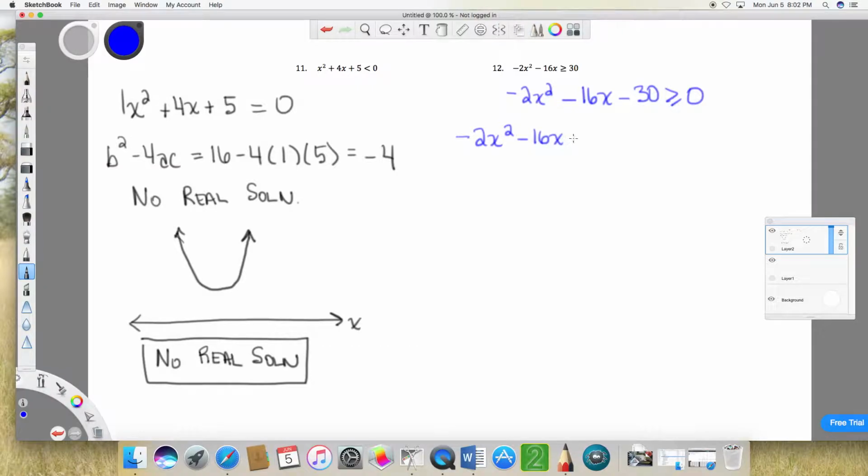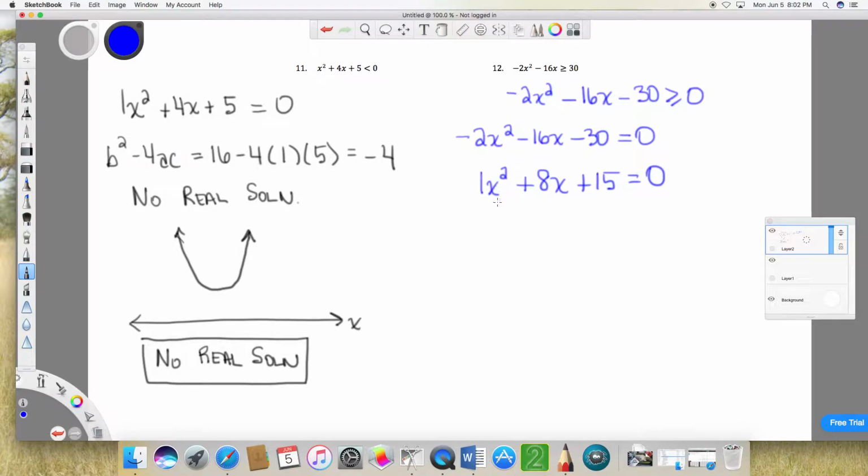ignore the inequality and set this equal to 0 and solve this, well, the first thing I notice is that all of these are negative, but also all of these are even numbers. So if I divide everything by a negative 2, that'll get me a leading coefficient that I want. And 0 divided by negative 2 is still 0.